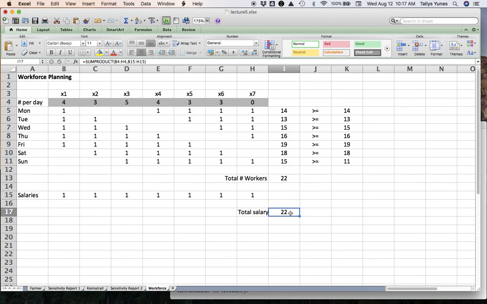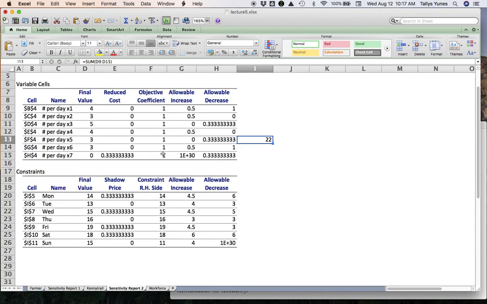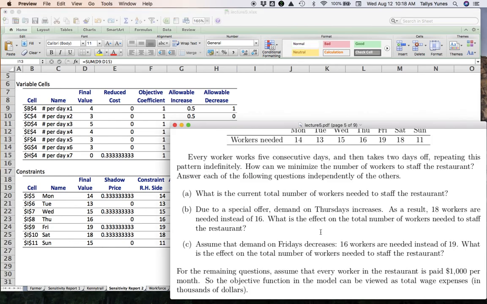But for the following questions, I want to interpret these ones here as how many thousands of dollars the person that works that job gets paid, right? That's what I want to use. Perfect. So we just reinterpreted the numbers, but the sensitivity report is the same because we did not change the numbers. We just changed how we see the numbers.